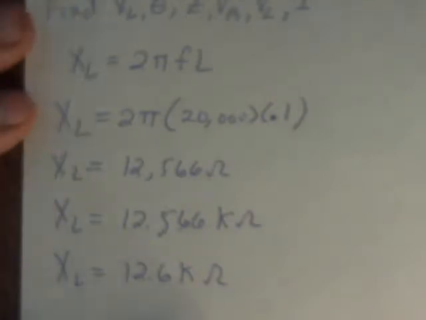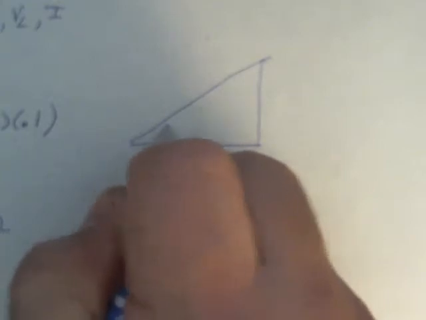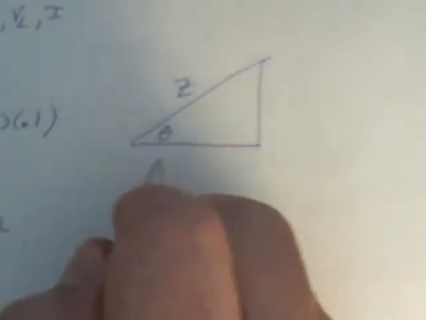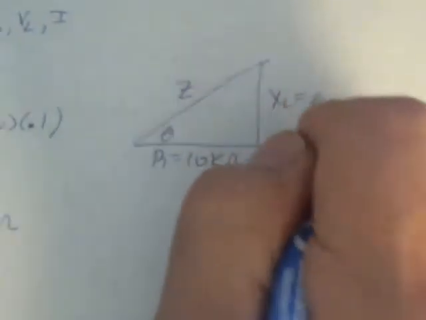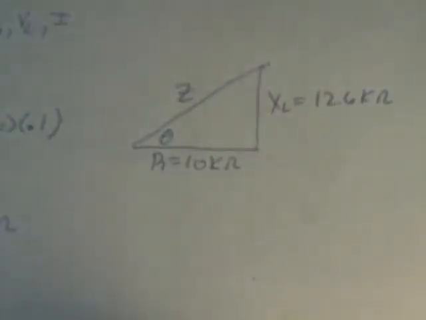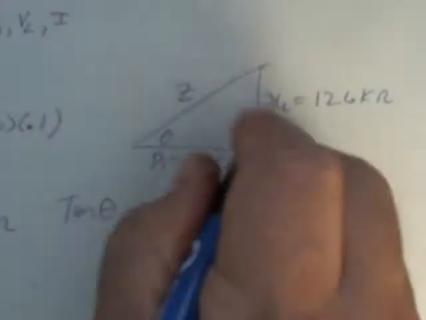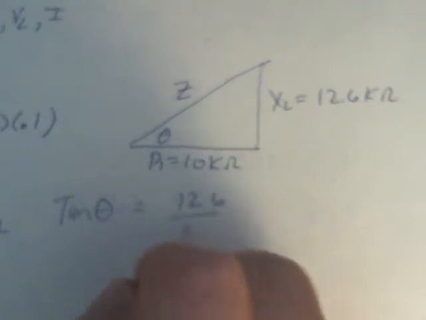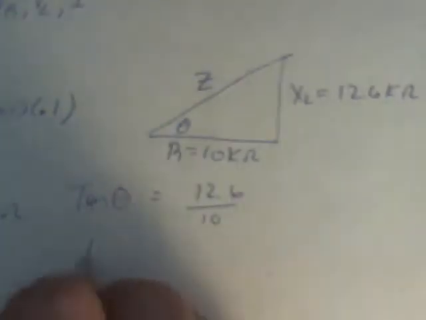Okay, so if I look at where I am, I've got my impedance triangle, and I don't know theta, I don't know Z, I know R is 10K ohms, and now I know X sub L is 12.6 K ohms. So I can find theta by using tangent, opposite over adjacent, and as I've mentioned before, since they're both K ohms, we don't need to use our prefixes.